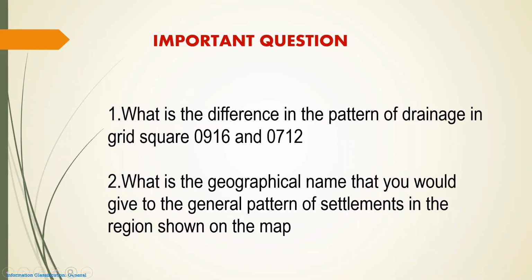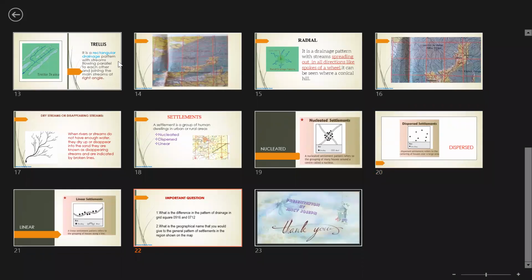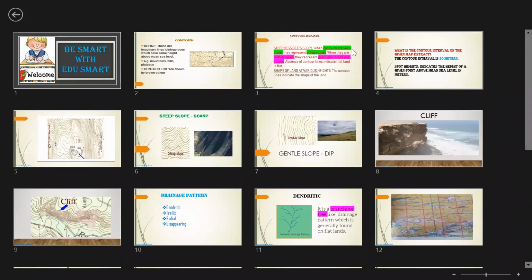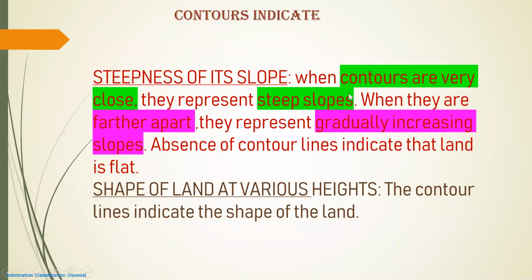Identifying the geographical features by using the contour lines is another important question for your examination. Keep this in your mind: when contours are very close, they represent steep slopes. When they are farther apart, they represent gradually increasing slope, and the absence of contour lines indicates the land is flat. This is the general principle.